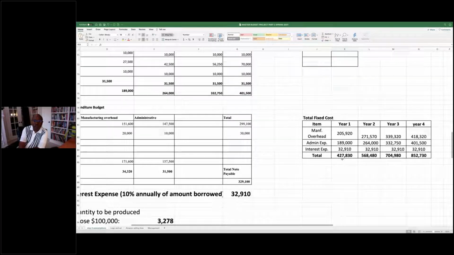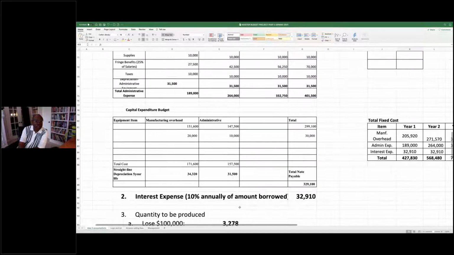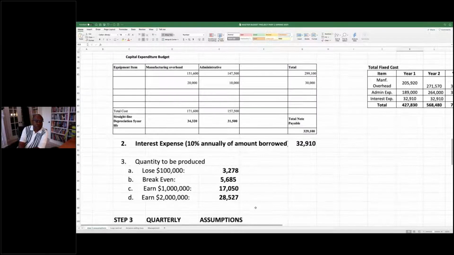So you got your total expenses for the first year, 427,830. You then put that in the formula to come up with the quantity to lose 100,000, then your quantity to break even, earn 1 million, earn 2 million.